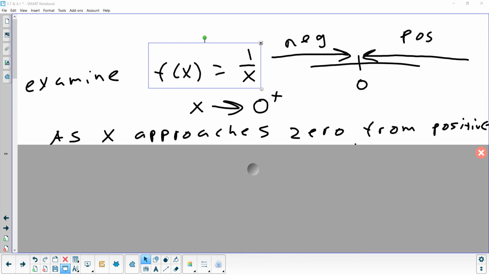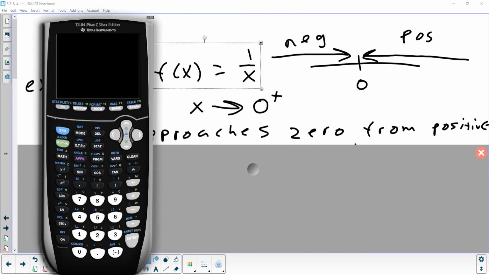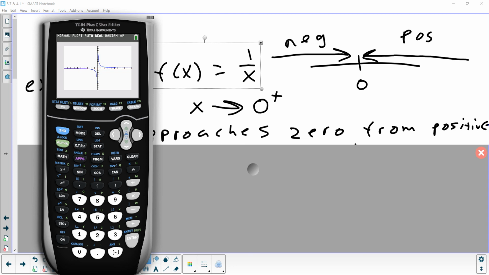So let's try that. What's a number that's very close to 0, but on the positive side? Then we'll do a number that's close to 0, but on the negative side. Ethan? Even closer.